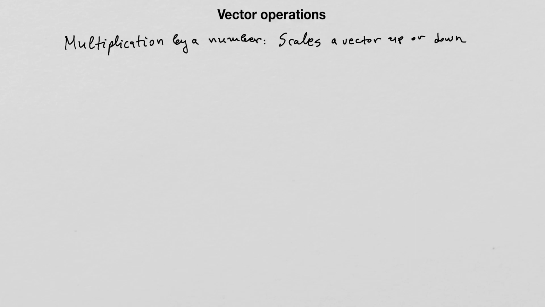If I multiply a vector by -1, that is going to reverse the direction of the vector. And if I multiply a vector, let's say of length 2, by -4, that is going to produce a vector of length -8. So it scales up the vector, but it also reverses the direction.